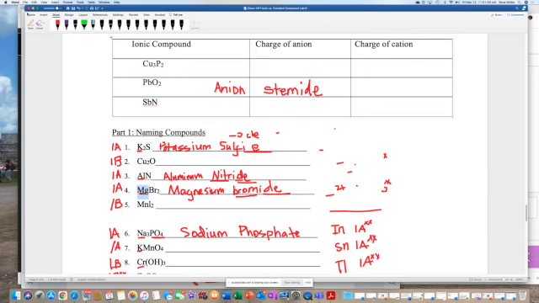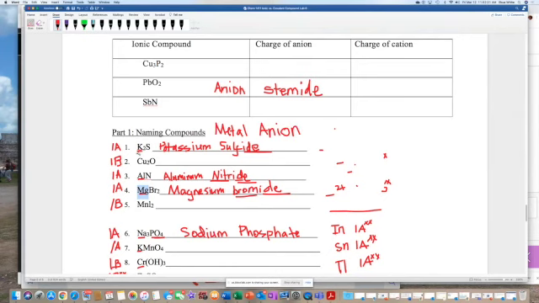As you can see here, when I'm naming these, I am following the format. For all the names provided here, potassium sulfide, let me show you how this fits the format. The first element, potassium, is named as a metal. So I have the metal right here, just like I said. The second part here is named as an anion, right?